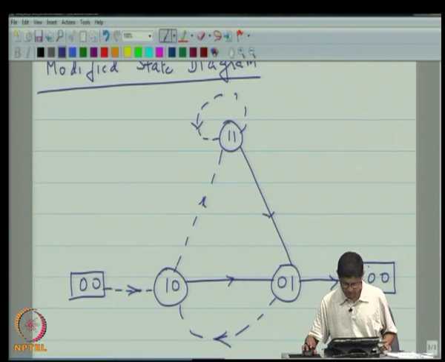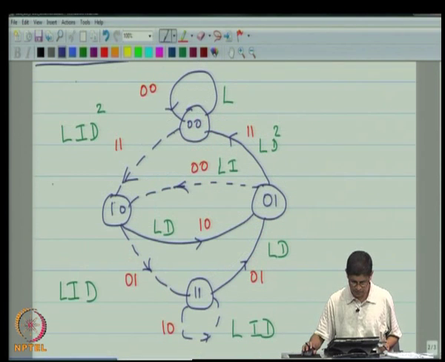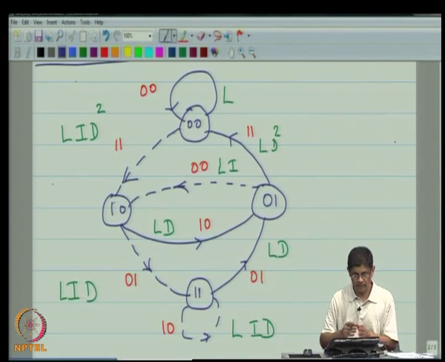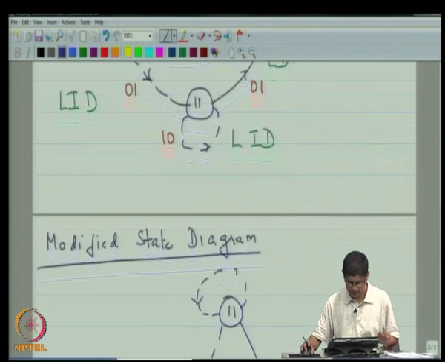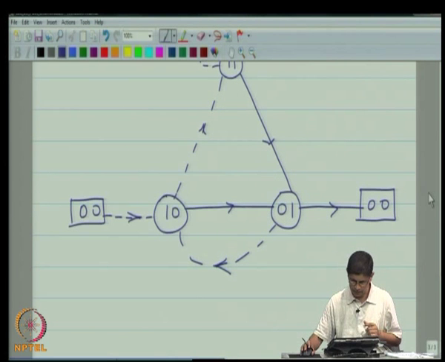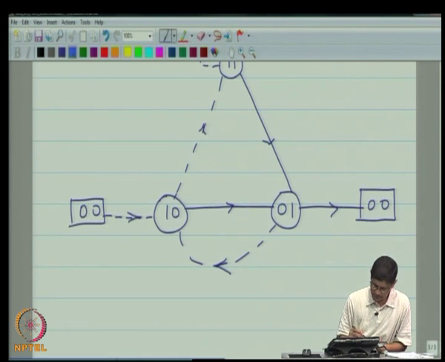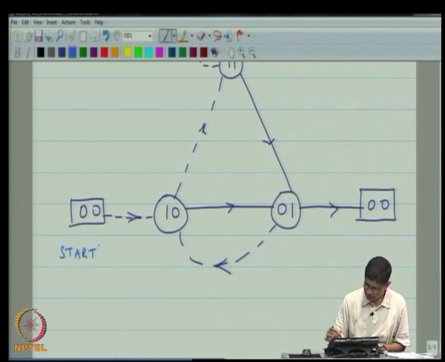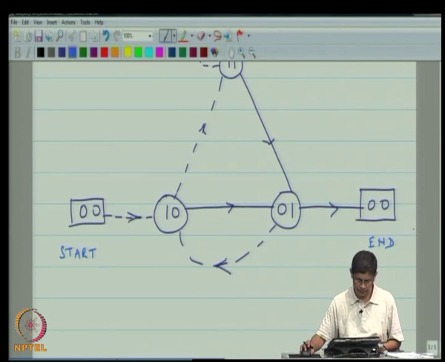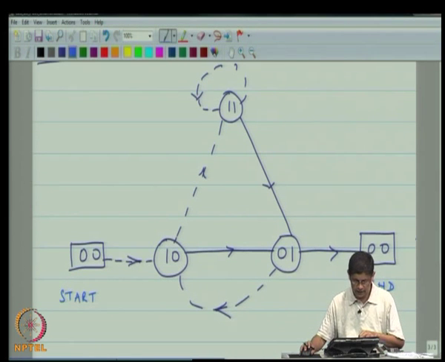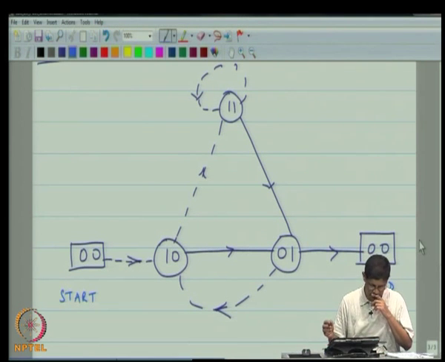This is just the same state diagram as we have here, except that we have opened up the all 0 state, split it into two, called one the start node and the other the end node. In this diagram we will call this the start node and this the end node, and each dotted line of course represents an input that is 1.